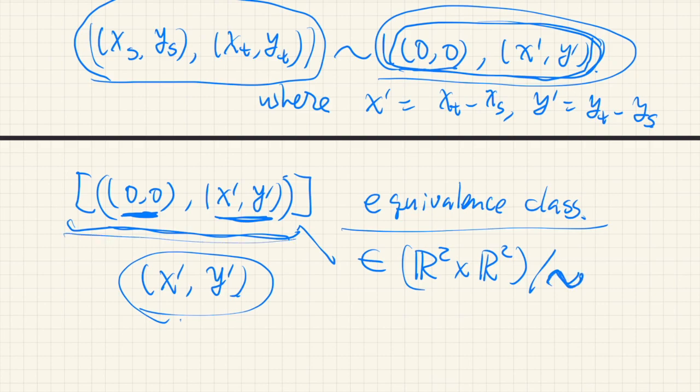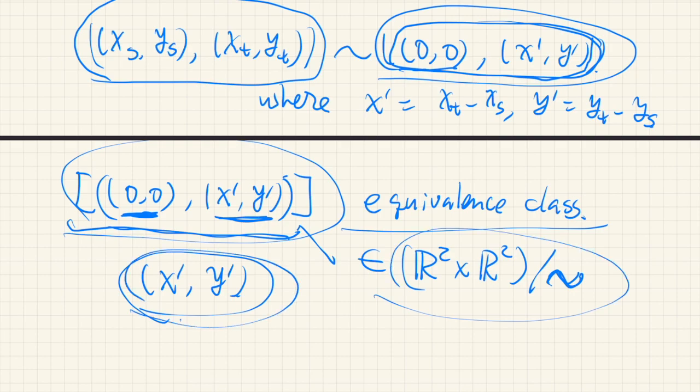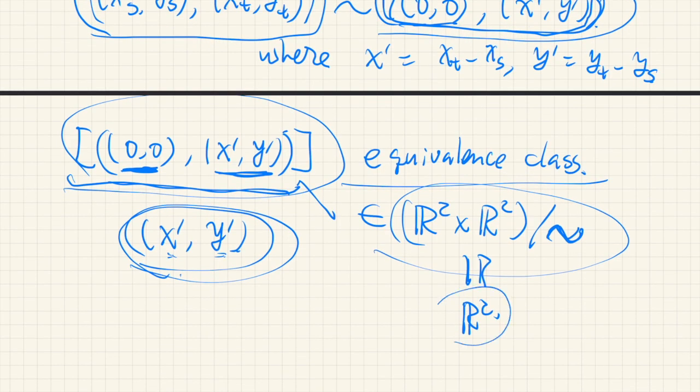So this equivalence class belongs to this, and this is actually represented by this, which only needs two real numbers. So this is actually similar to two-dimensional space. And this two-dimensional space is the vector space.